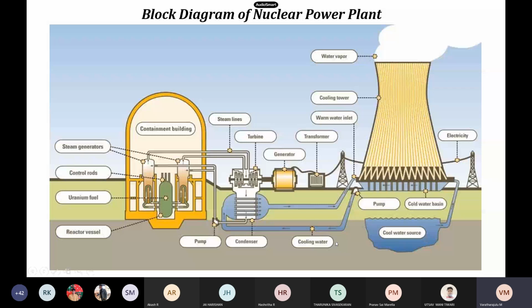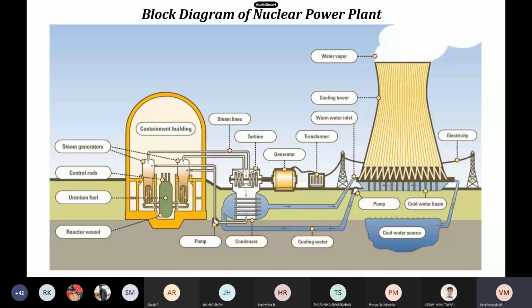Here this is the primary circuit, and this is the secondary circuit. The secondary circuit is very similar to that of the steam power plant, and the primary circuit is different from the steam power plant. The steam generation part is different in the nuclear power plant.